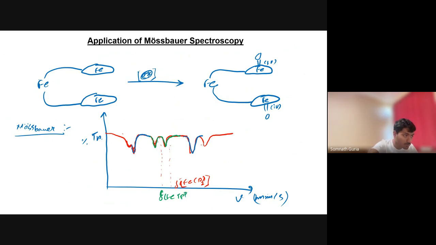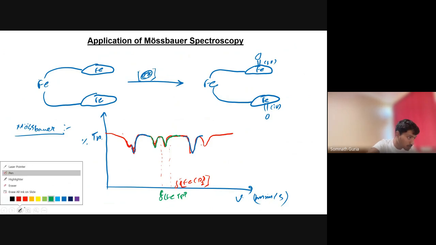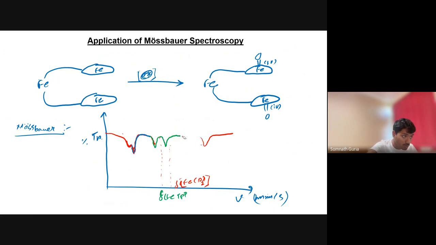Now we have a delta value of, which will come, okay, and what I am saying is we have another delta value over here.